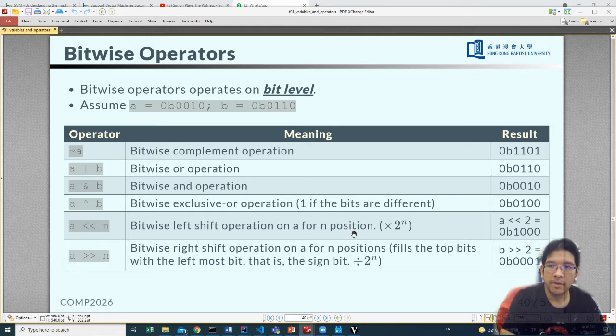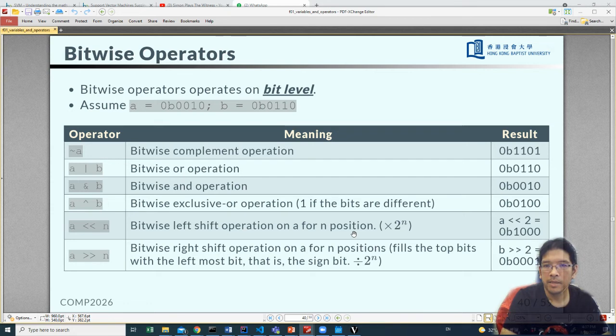Now the first one is the bitwise complement operator. If you take the inverse of A, you are actually inverting every bit in this variable, so effectively you change every 0 to 1 and 1 to 0.